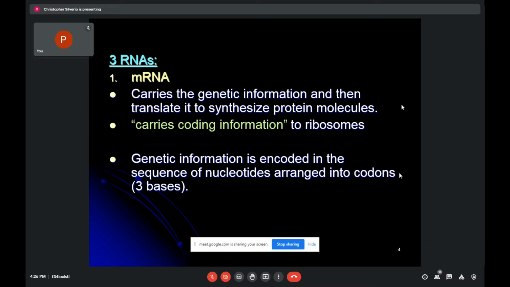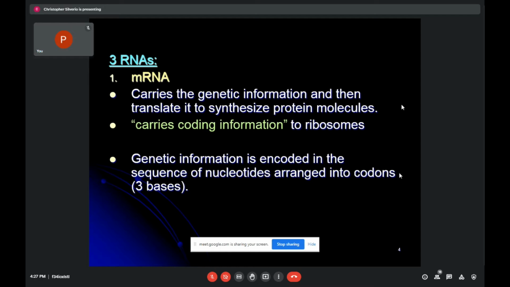Why is it that you could not see the base thymine in the codon? Instead of thymine, uracil is found in the mRNA. Because while the transcription phase is ongoing, there is no coding for thymine in the mRNA strand.